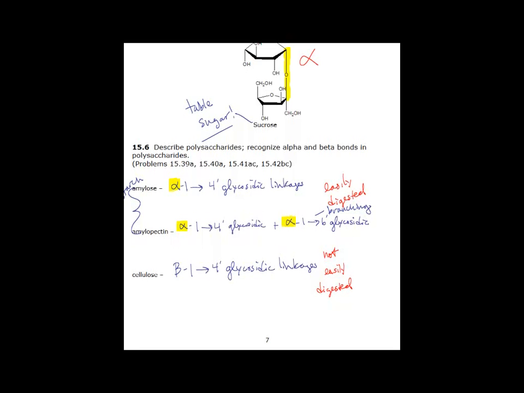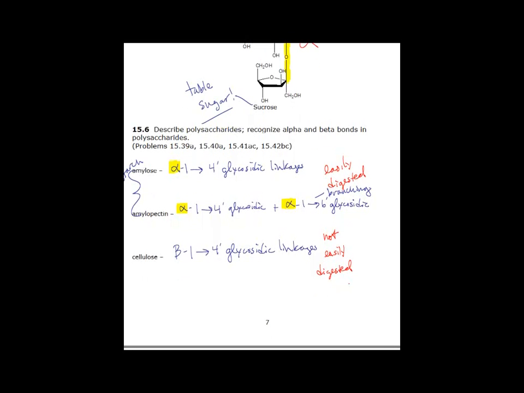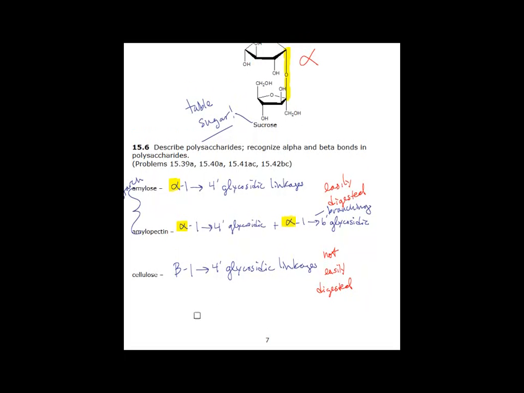So don't get confused and call cellulose cellulite. That's not the same. We'll talk about cellulite coming up with lipids, but cellulose is a polysaccharide that is held together by beta 1 to 4 prime glycosidic linkages. It's not easily digested. So this concludes our section on carbohydrates.